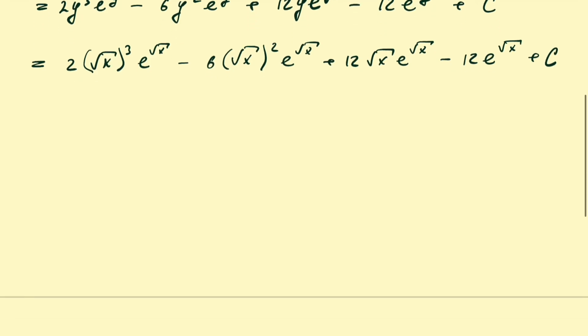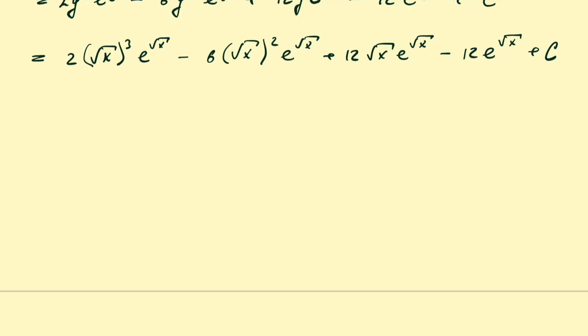Now it's over, it's our final answer, but I'll write it in a neater way. We'll write e to the square root of x outside of the brackets and write 2 times, well, first square root of x cubed is just x times square root of x.